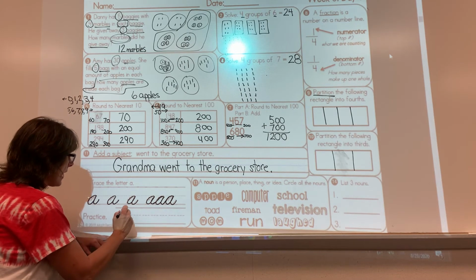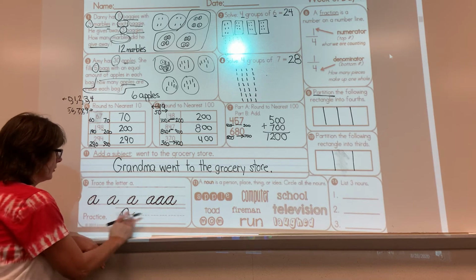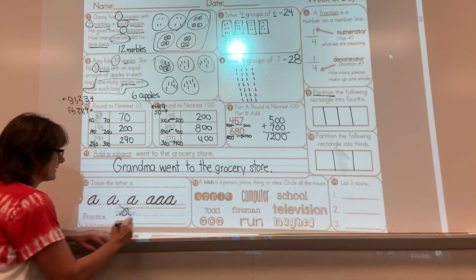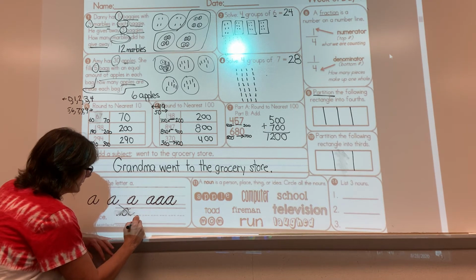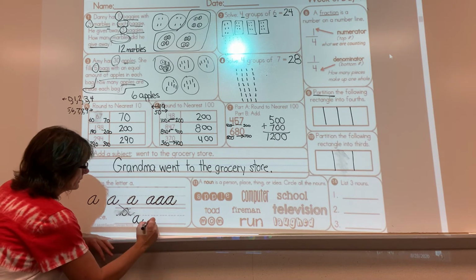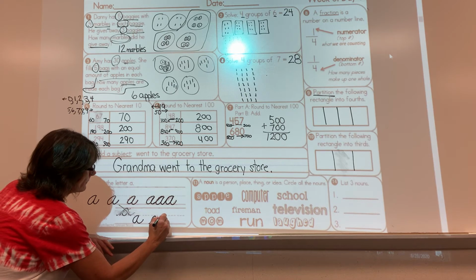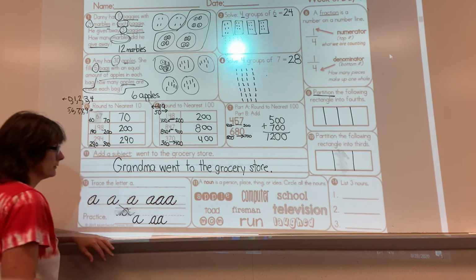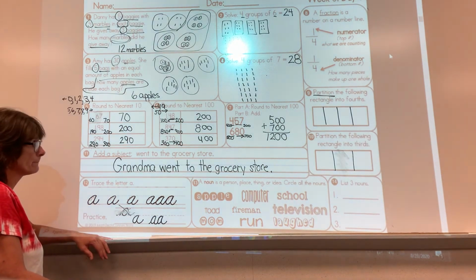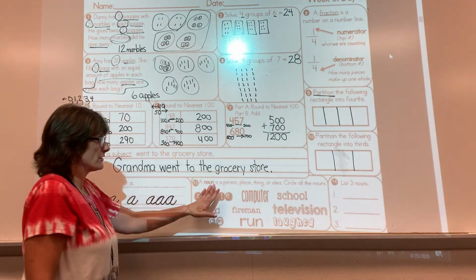A's do not go over like that. No, no, no, no. We don't go over like that. We start at the top and come down and around. And if it connects to a letter, it goes up and we come back around. That's a cursive A.